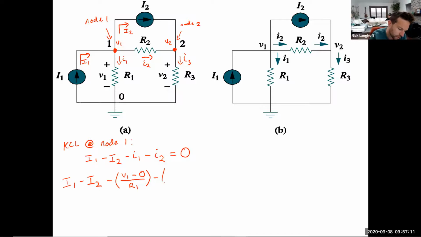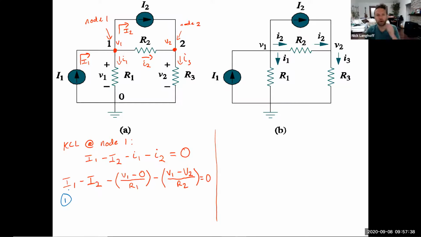Then minus the current i2, the current flowing through R2, which is going to be node V1 minus node V2 divided by R2. And all of that is equal to 0.